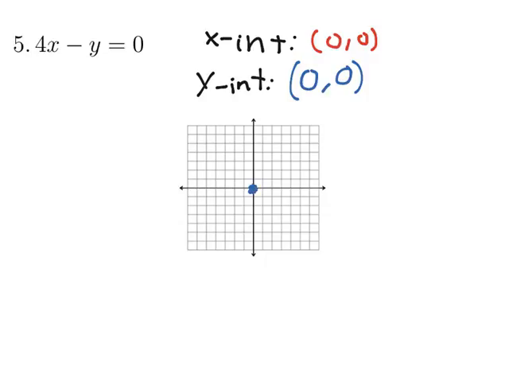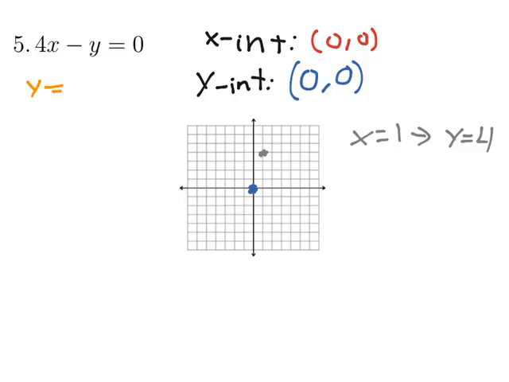So what we can do from here is we can either just pick a point. Let's say I wonder what y is if I choose x to be 1. And that tells us that y has to be 4. So we can plot the point (1, 4). Or you could rewrite the equation from standard form to slope-intercept form, like I had before.